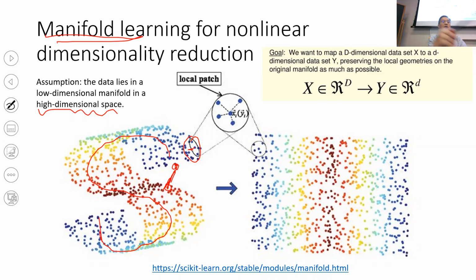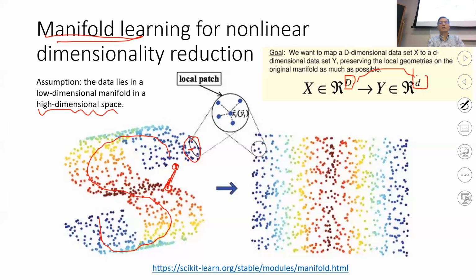Manifold learning is trying to learn this shape, okay? It tries to reduce the dimension from D, the higher dimension, to a lower one. You project your data points from a higher dimension to a lower one. In this case, D is 3, and in this shape it is 2, so you project this to 2 dimensions.